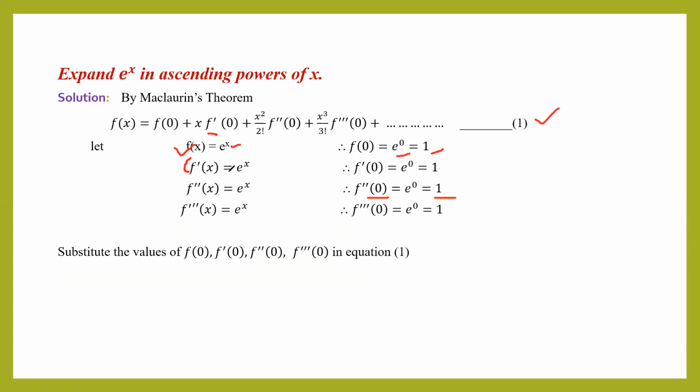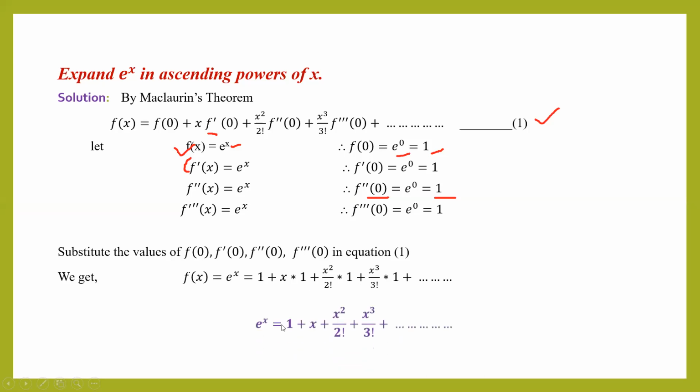So we have to only substitute the values we calculated in this series, and after substituting these values, you will get this type of expansion. f of 0 is 1, so here we have 1. f dash of 0 is 1, so here we have x into 1, x square upon 2 factorial into 1 and so on.